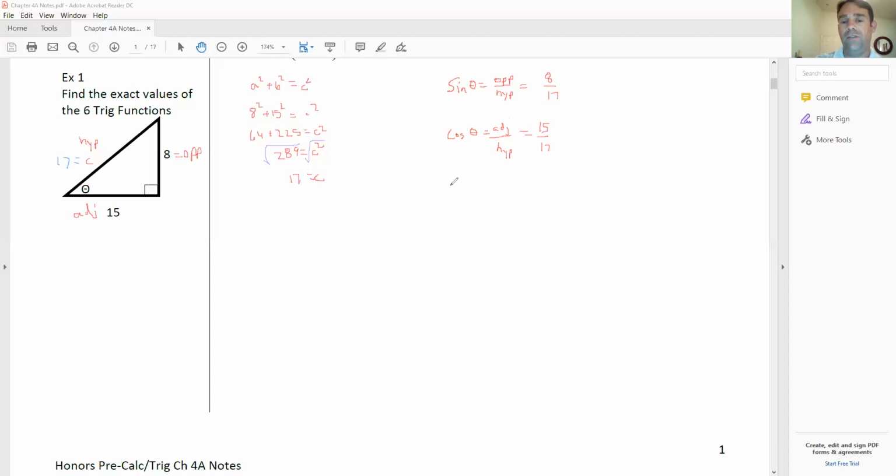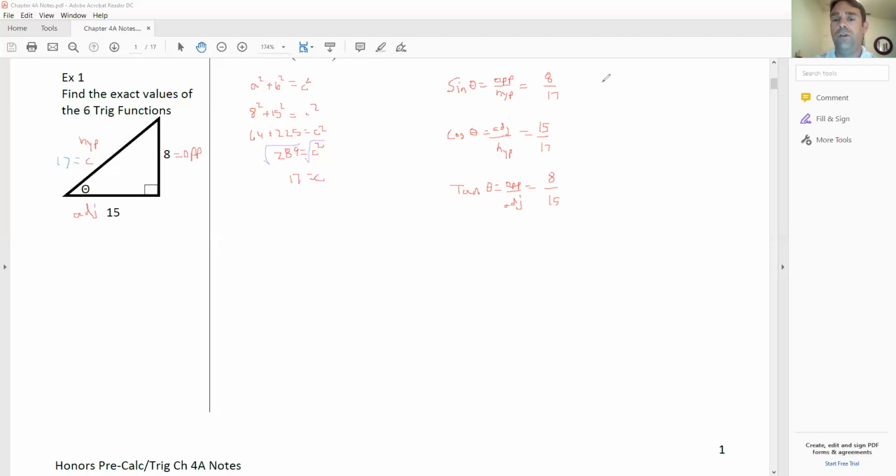And then we have tangent of theta, which is opposite over adjacent, so 8 over 15. And so that takes care of our normal 3.